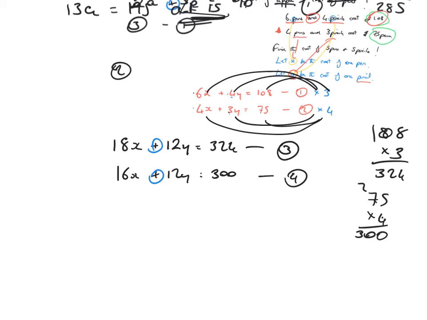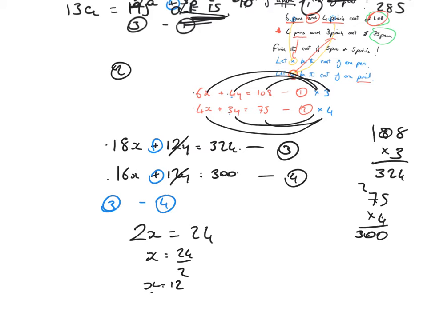Signs are the same, so I'm going to subtract, and I'm going to do 3 take away 4. So 18x take away 16x is 2x, 12y take away 12y cancels out. 324 take away 300, that's 24. I'm now going to bring the 2 down and divide, and that will be x equals 24 over 2, and x is equal to 12.